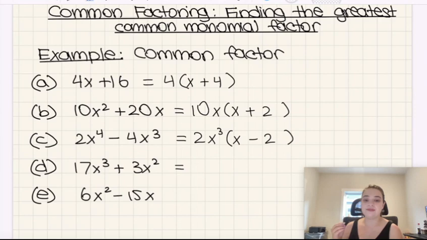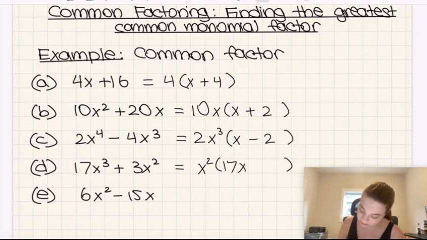Well, the greatest common factor between x cubed and x squared would be x squared, so I'm going to write x squared. x squared times what is 17x cubed? Well, x squared times 17x would give us 17x cubed. And then x squared times what is 3x squared? Well, x squared times 3 would be 3x squared. So that's what we can put in our brackets there.